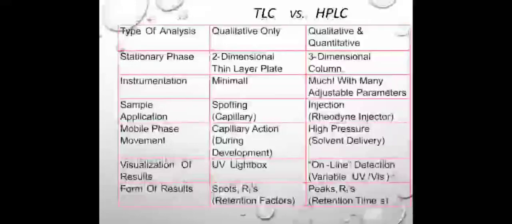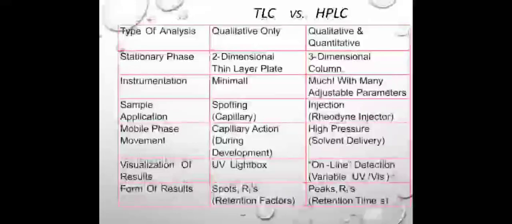Then the pump we are using, whether different types of pump and different flow rate, different pressure. Then we are using different columns and different detectors and their different parameters. So there are a number of different parameters that can be adjusted.